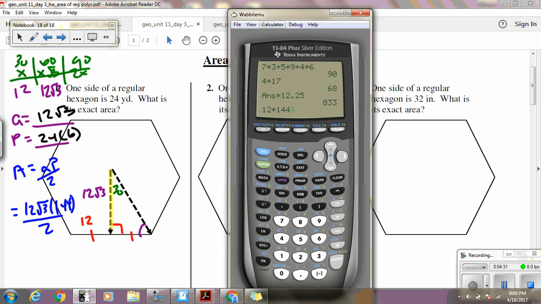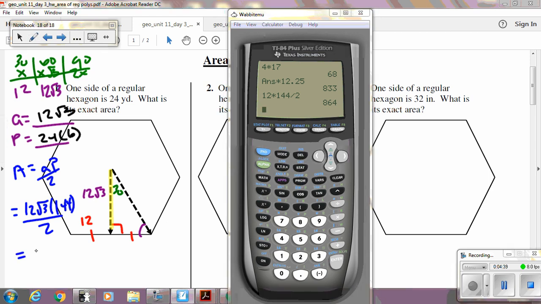Then divide by 2. I get 864. So when I write my area, I would write 864, bring the root back in, root 3, and then write my units, so yards squared. So that is the area of number 1.